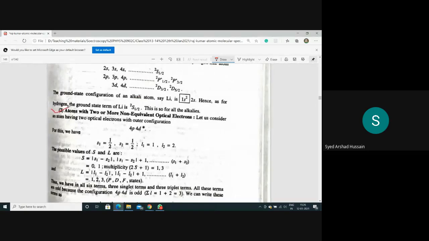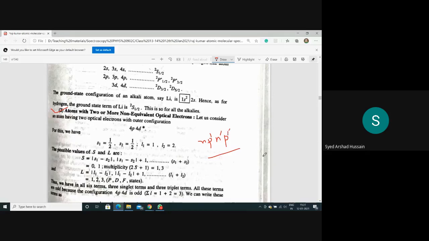Now we will see the case of more than one non-equivalent electron. So let us take an example of two non-equivalent p electrons. Two non-equivalent p electrons means np and n'p, where n'p means n dash p.